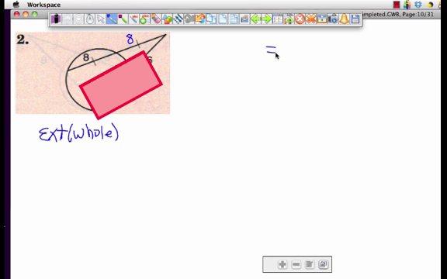So we're going to do that on both sides. In this case right here, the exterior piece is 8. 8 is on the outside. The whole thing, though, all the way down, is 8 plus 8, which makes 16. So it's the outside piece, 8 times 16.